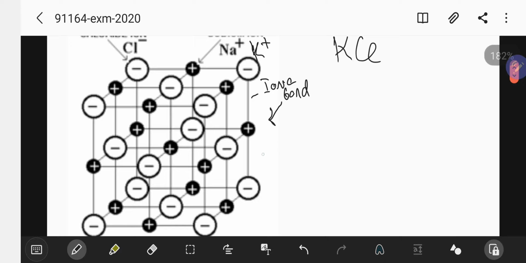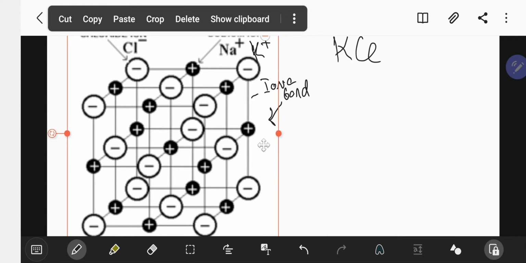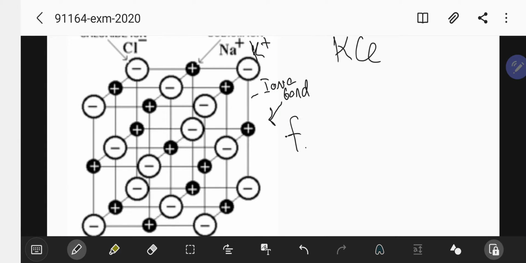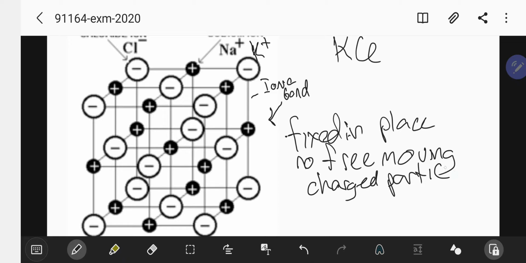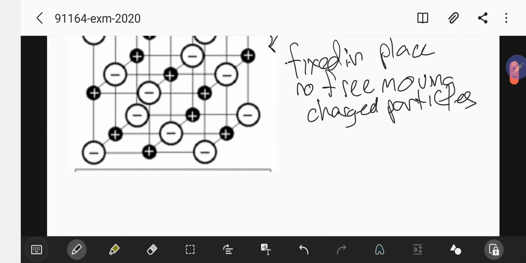These cannot move around, so that means there are no free moving charged particles or free moving ions. Therefore, it won't conduct.